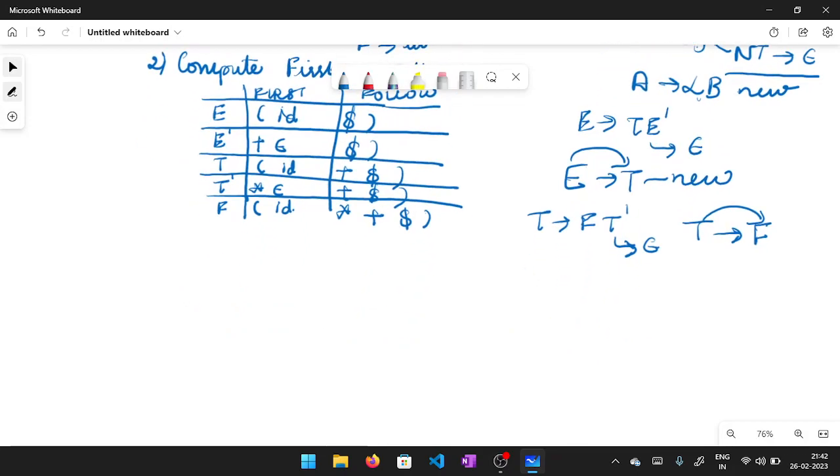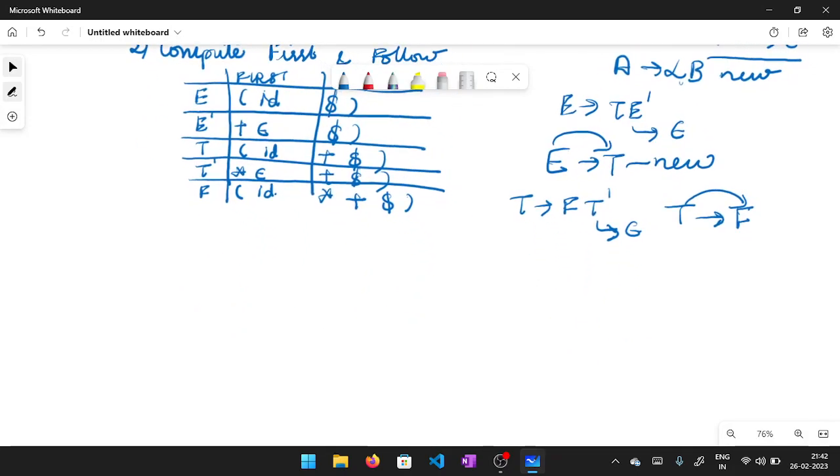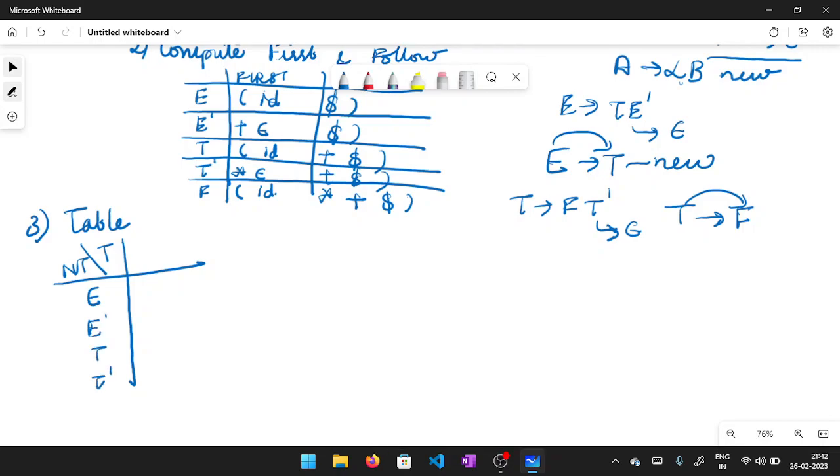Now next is the predictive parsing table. For constructing the predictive parsing table, you should have the non-terminals and the terminals, right? So what are all the non-terminals? E, E dash, T, T dash, then F. Then what are the terminals available?